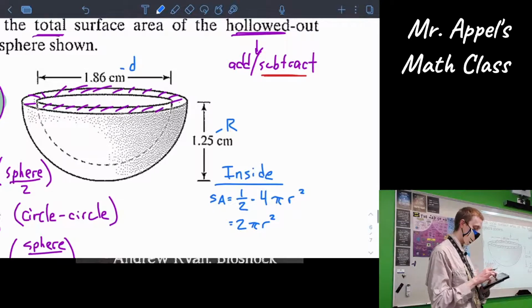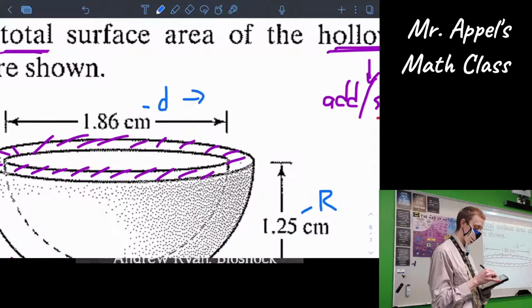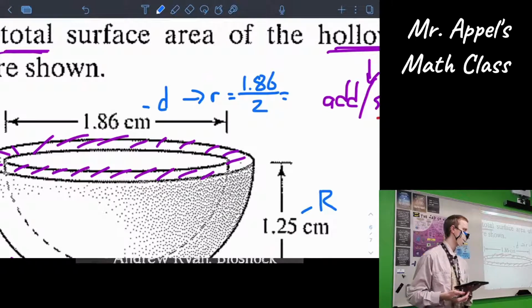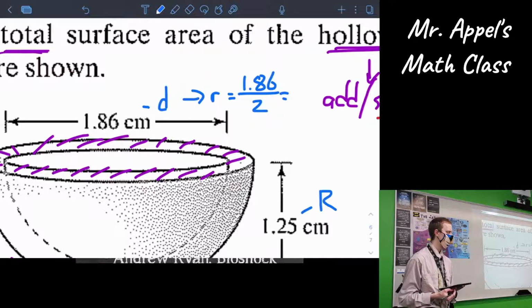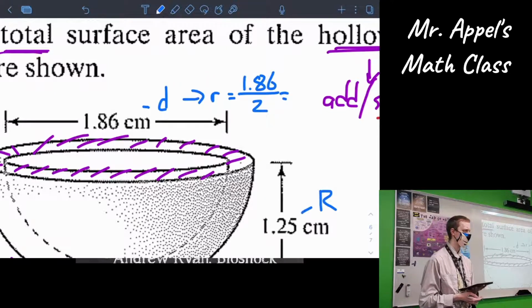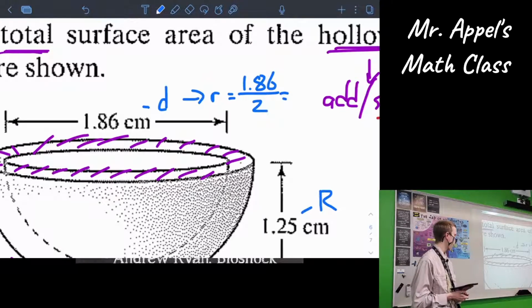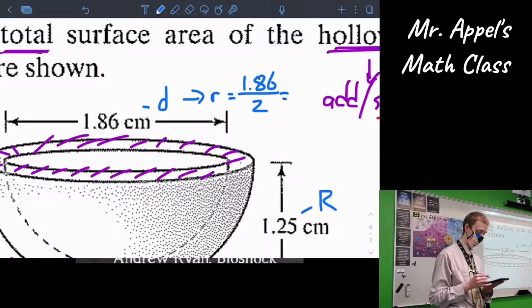So then that means little r is that divided by 2, which is how much? .93?